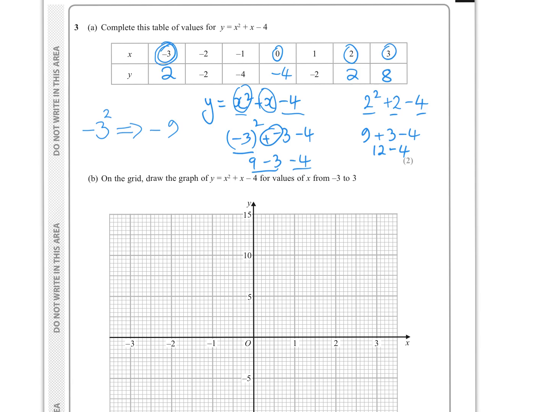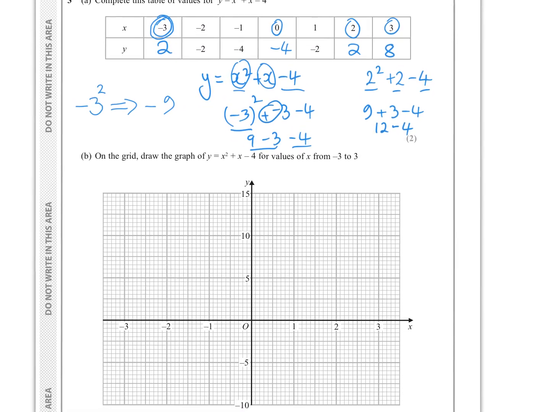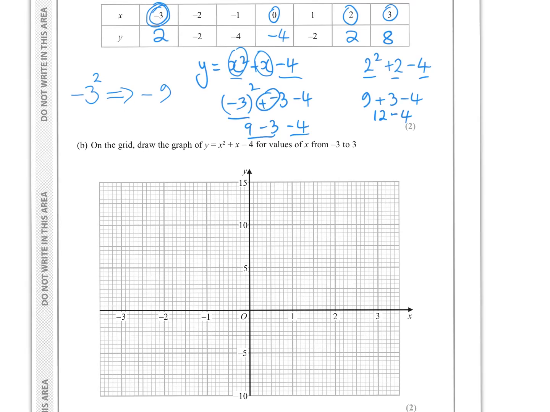So for the next part of the question, we're just going to do the graph. So we're going to plot -3, 2 first. So we're going to make sure that we know the scale, because this is 1, it's every 2 spaces is 1, be careful. Okay, so -3, 2 will be here. And then -2, -2. So that's 1, that's 2 there.